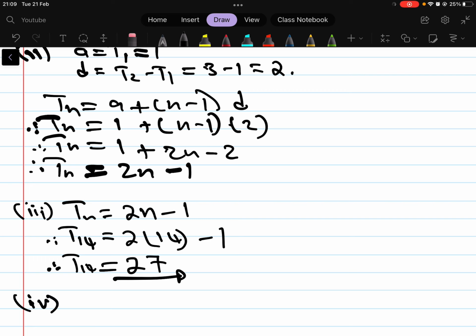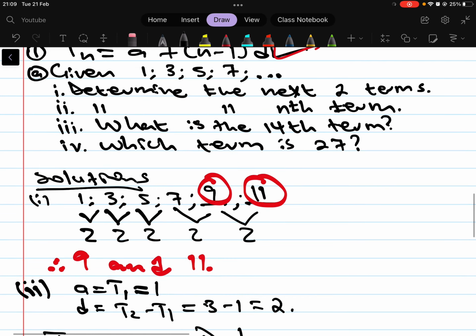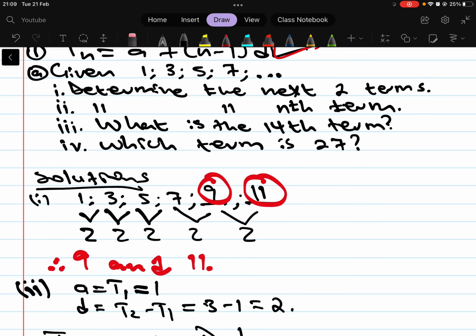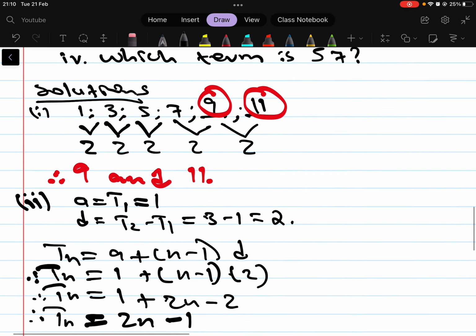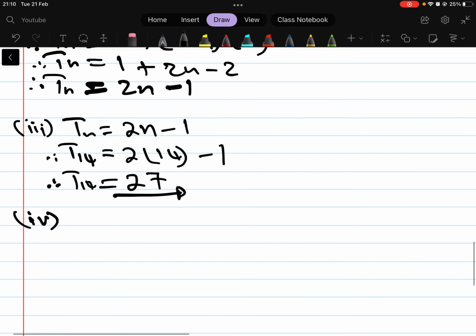The last part of this question, what are they asking you? Which term is 27, right? There's a term apparently in this question which is 27. Actually, the question is supposed to be which term is 57, not 27. Yes, sorry for that.